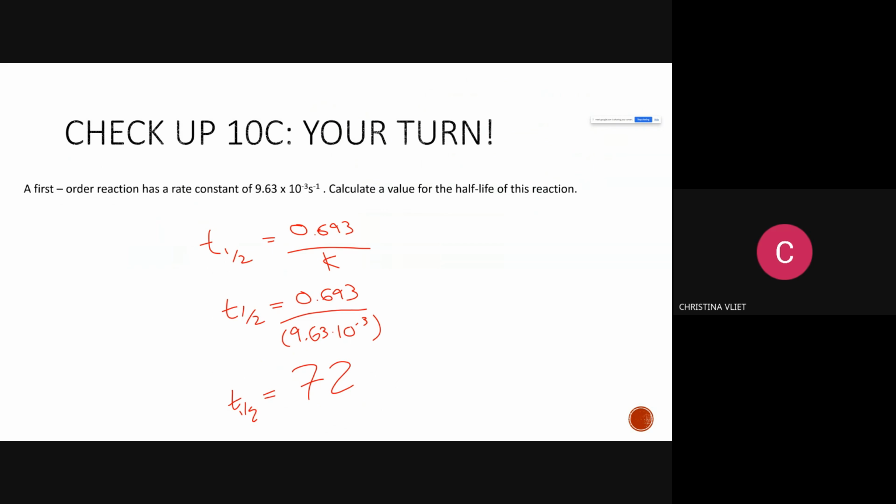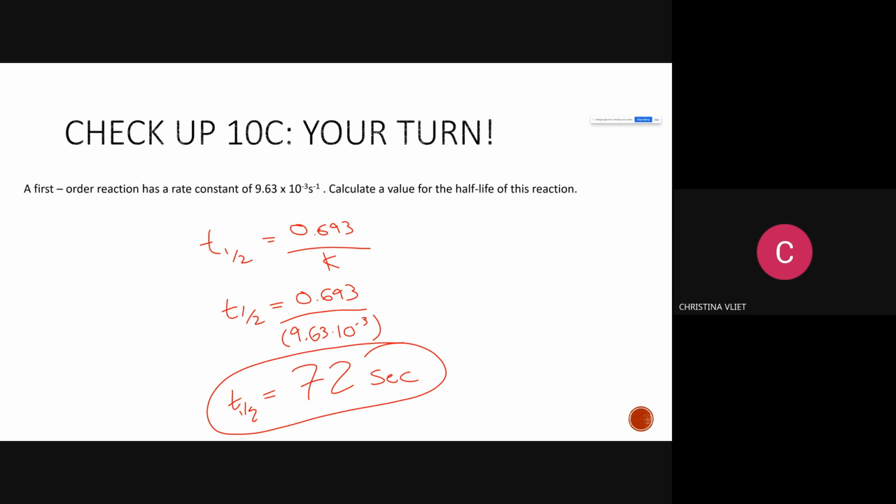So we could know it, but you don't need it here. You only need to know that K and half-life for first order is independent of concentration. That's why the half-life never changes. The integrated rate equation can give you that information.